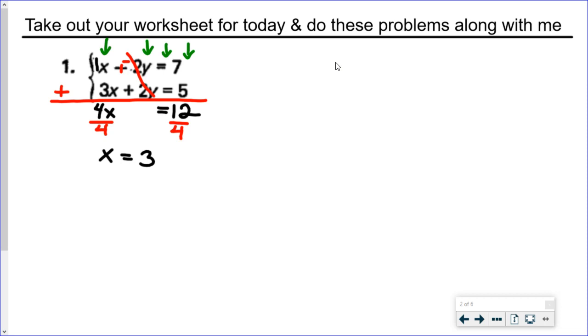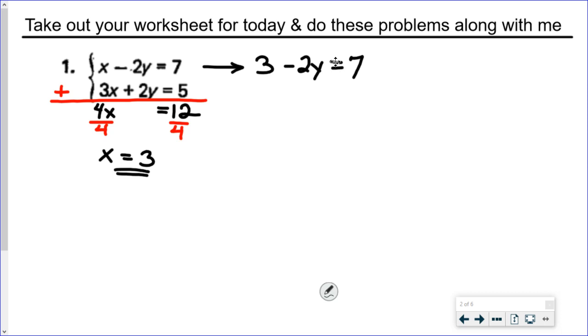And now we just have to go back to our original equations. And now this is the same as the substitution method. So, for example, if I want to use that, x is 3 from here. So 3 minus 2y equals 7. And now, again, this is the same as the substitution. I'm going to minus 3.